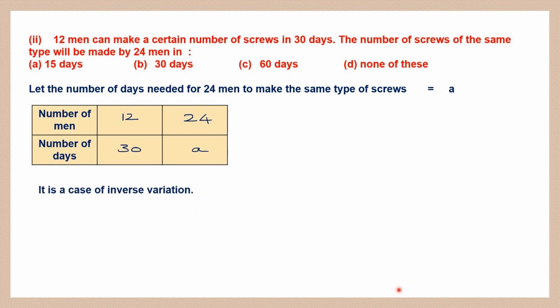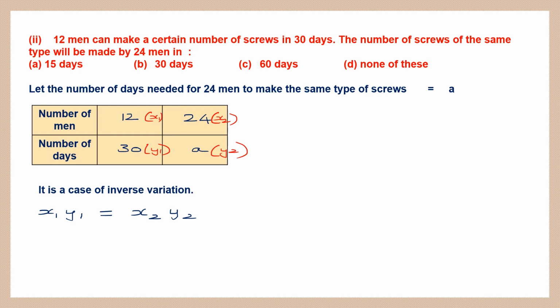So when it is inverse variation, remember the product x1 y1 will be a constant. So x1 y1 and x2 y2 will be equal to each other. So they are constants. So here this is x1, this is y1, this is x2 and this is y2.